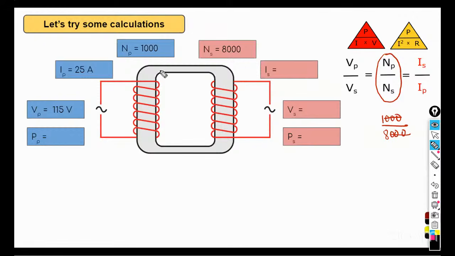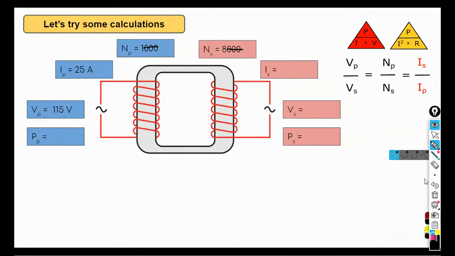So even before I start the calculations, I will cross out these three zeros and these three zeros. You can even do it in the exam. You can literally take your pencil or your pen and cross it out. The examiner will know that you're trying to make the work easier for yourself. So instead of using 1,000 and 8,000, just use 1 and 8, and you will get the same answer in any case. Okay?